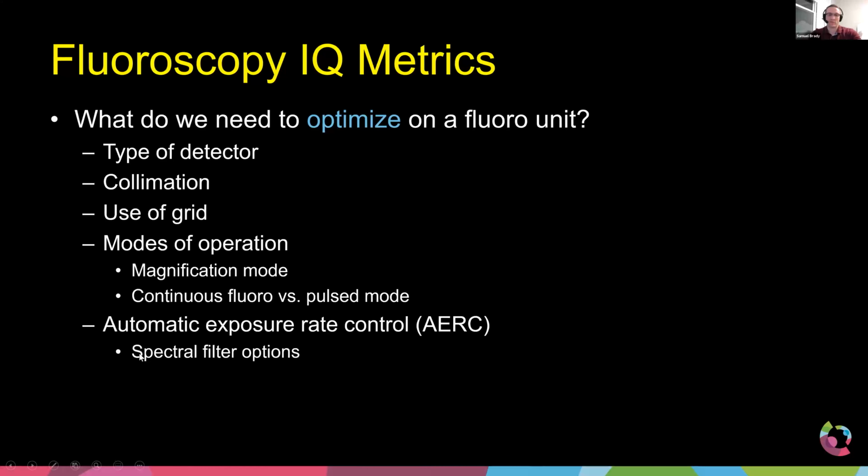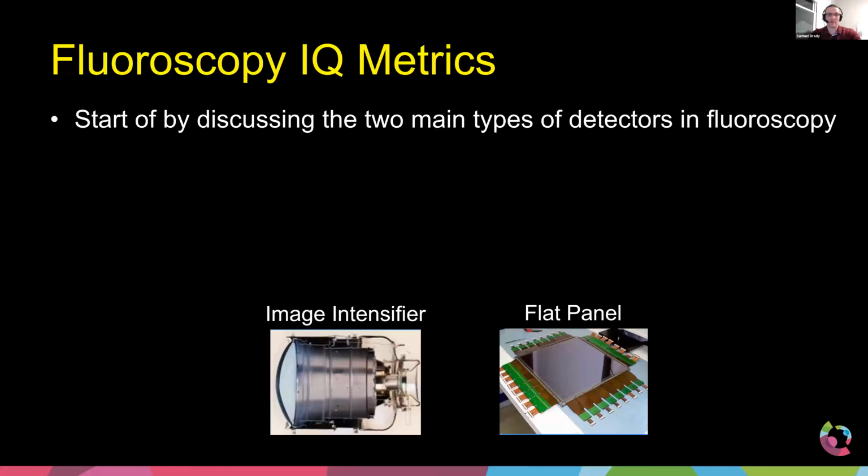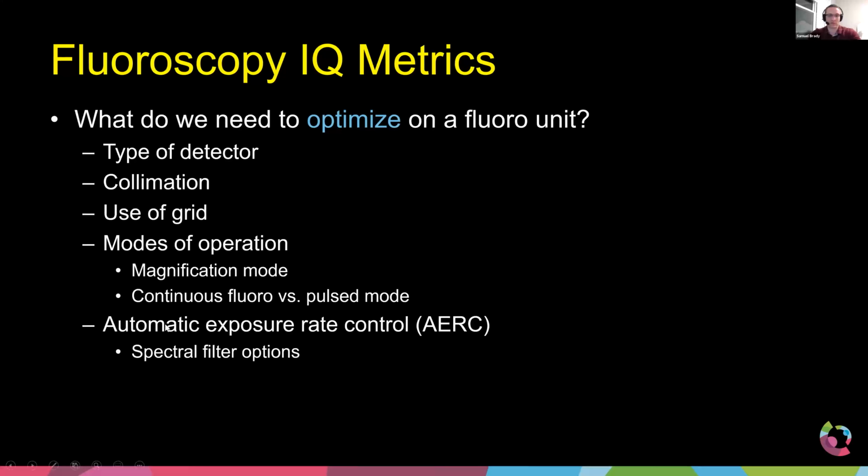And this will be directly affected by the type of filtration used in the system. The AERC will affect the filtration, the kV and mA. So this right here is the list of things we're going to go over today.